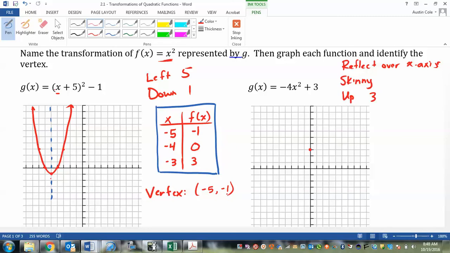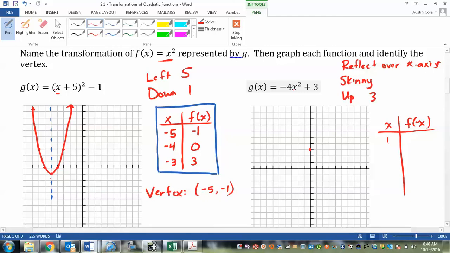So what I'm going to do is make an x and f of x chart, an x and y table. Well, what point do you think we should plug in? 2, 1. I like 1. Okay, so I'm going to plug 1 in here. Guys, help me out. Do I square 1 first, or do I times it by -4?